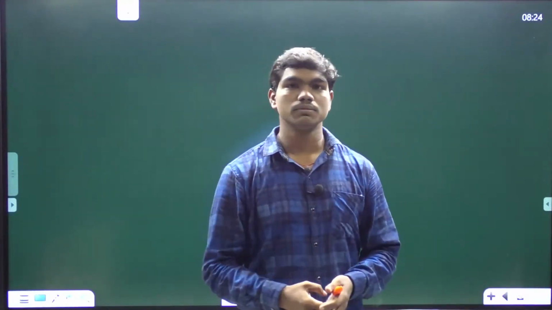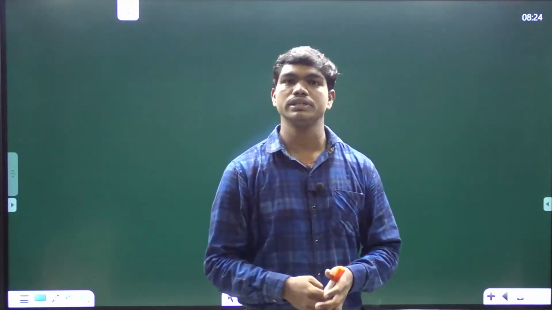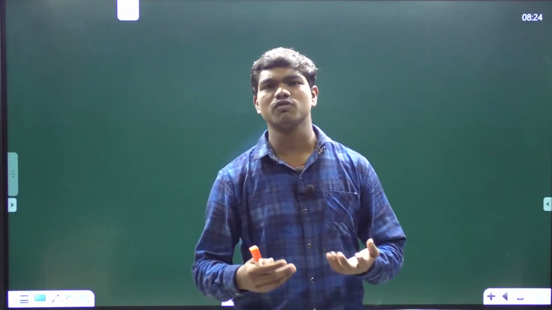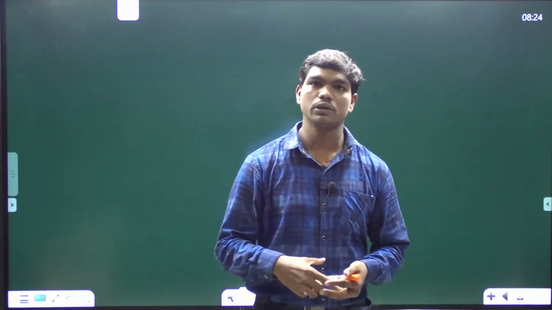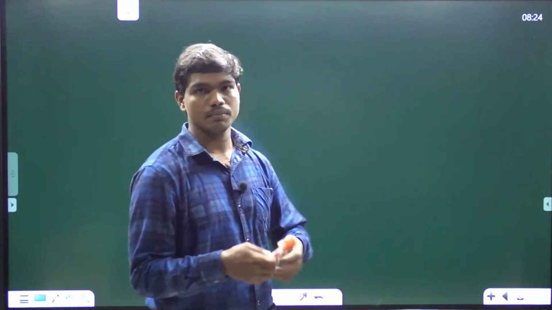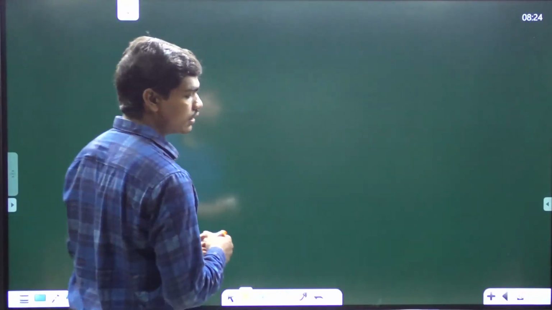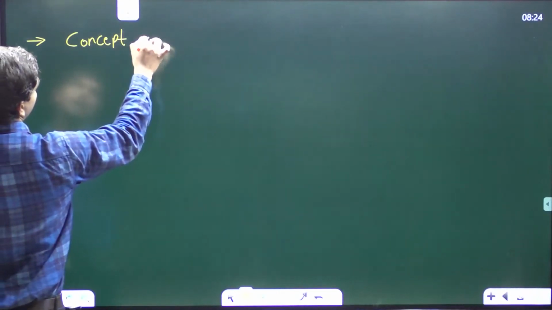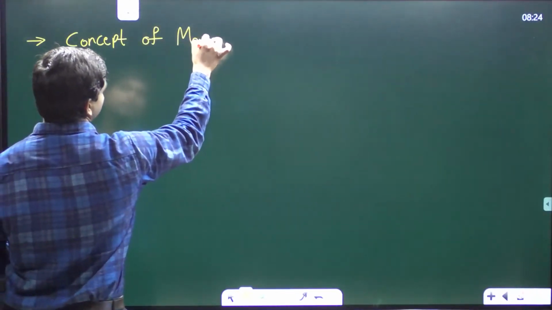Similarly, if you are from computer science, you need to know the maximum life a computer or a hard drive can have. So this concept of maxima and minima is really important in our day-to-day lives. For that, we should start building up a background. Okay. So see here. Concept of maxima and minima.